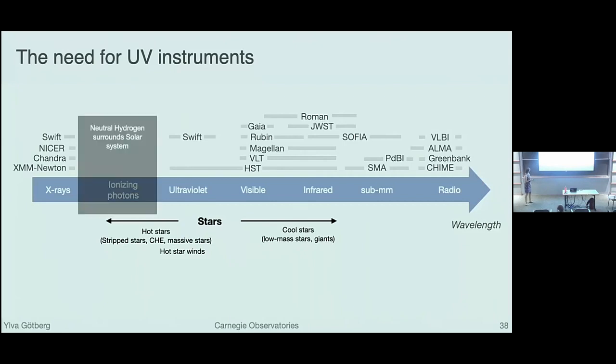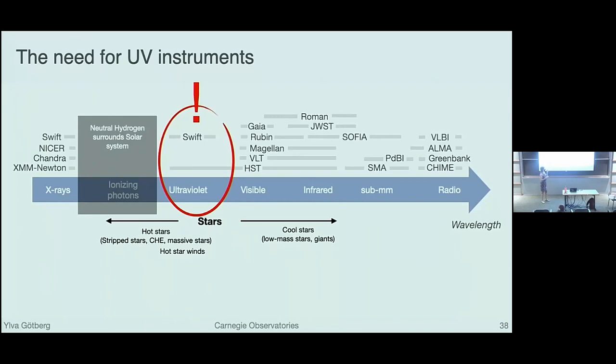So we have a problem. The ionizing photons, we cannot get them because there is too much neutral hydrogen surrounding the Earth. So that's not going to work. But at least maybe we can make an effort here. I think it would be great because it's really crucial for measuring the wind mass loss rates of massive stars, or in general stars. Seeing stripped stars, you can do that with the UV.